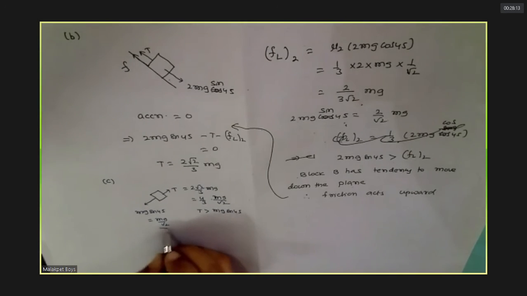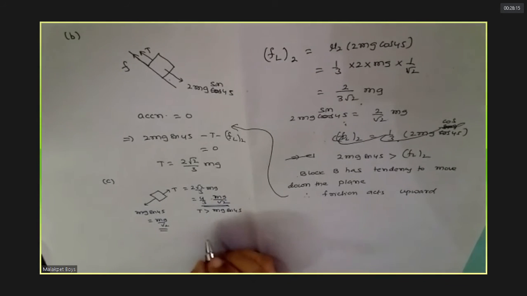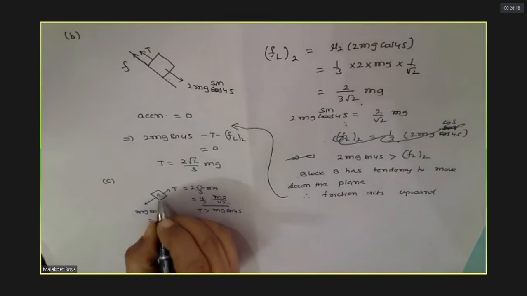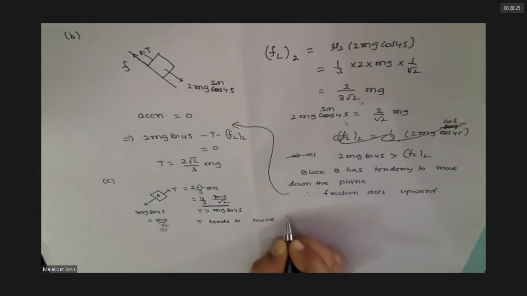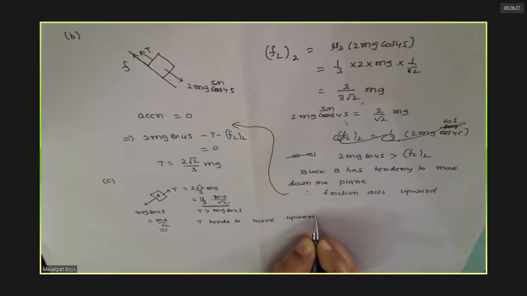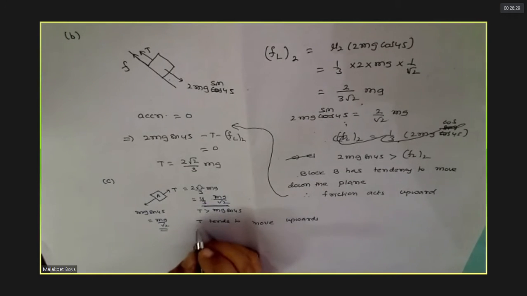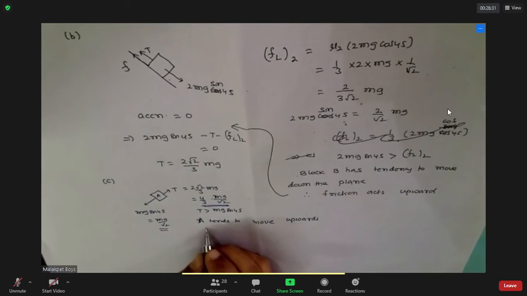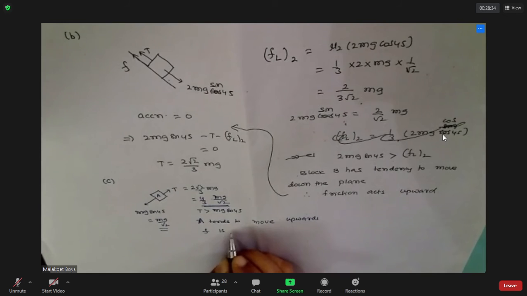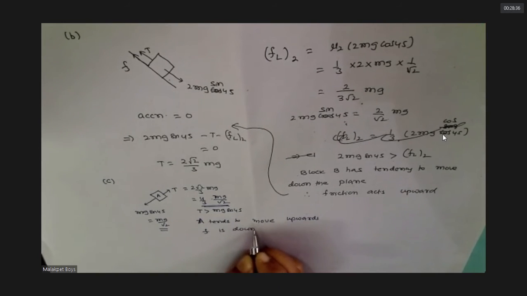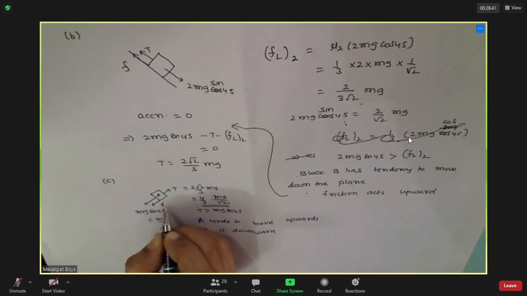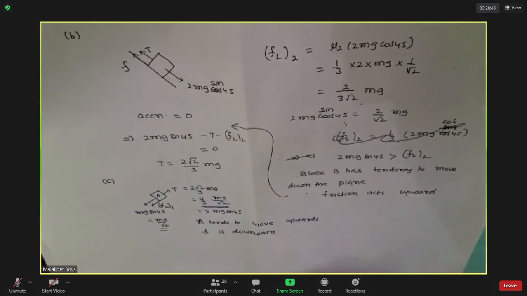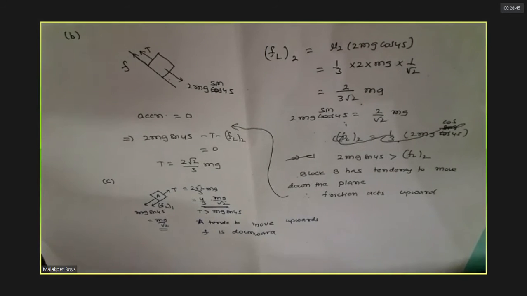If you compare this and this, T is more than that, no? So T tends to move in which direction? Upward. So A tends to move downward. So friction is downwards. Do you agree with it? Yes, sir.